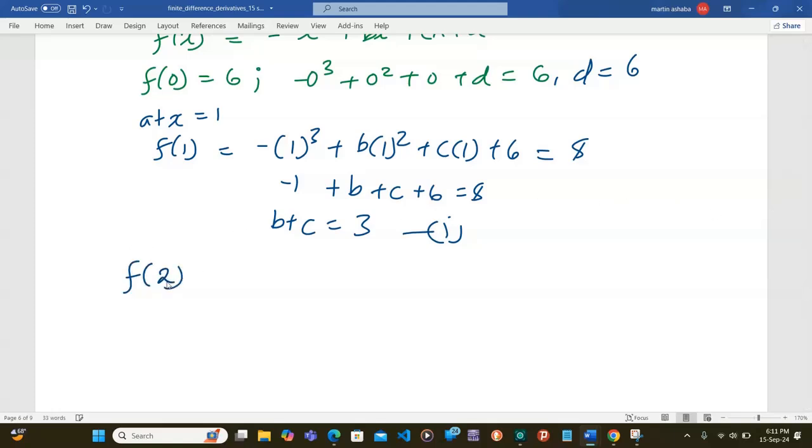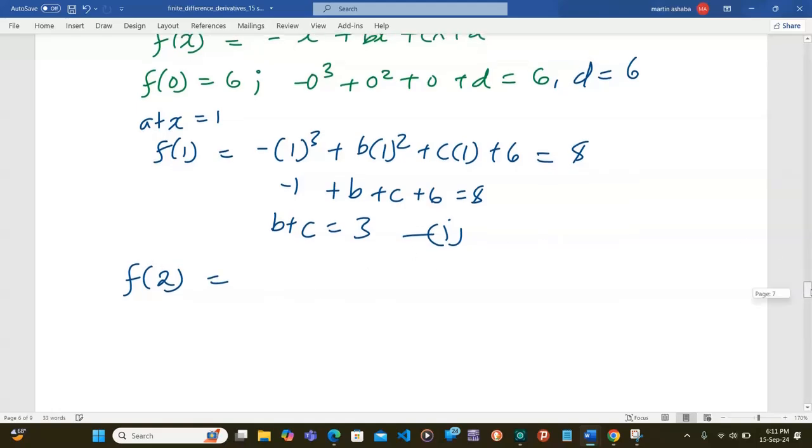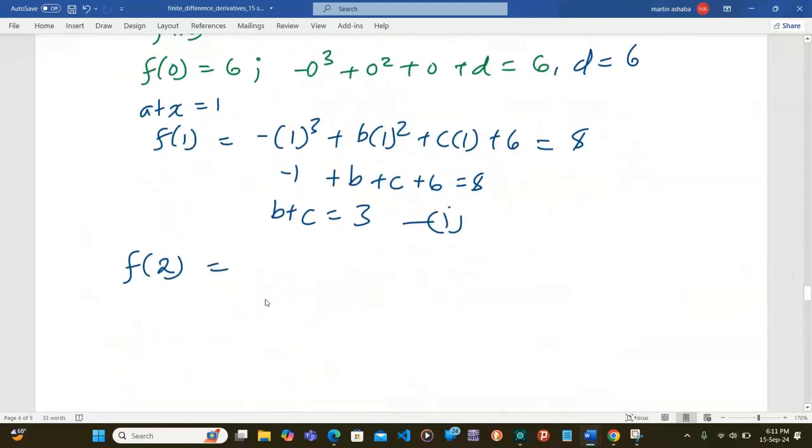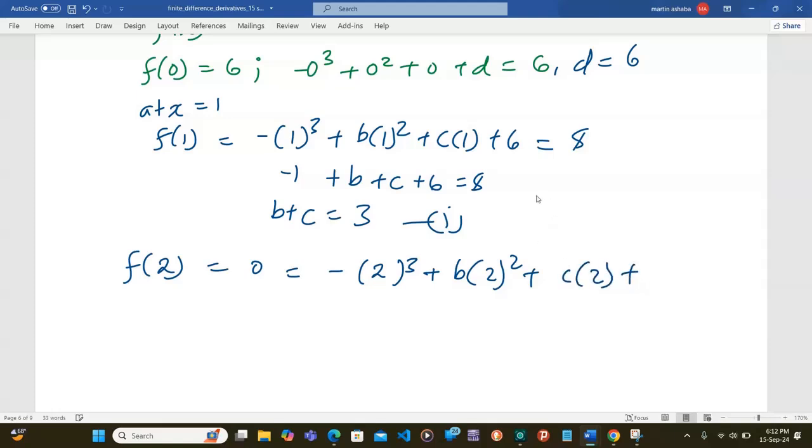Then put f of 2. I know f of 2 is equal to 0. I substitute in the function, this becomes negative into 2 cubed plus b into 2 squared plus c into 2 plus d, which is 6, and this is equal to 0.